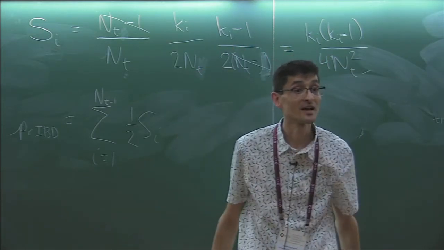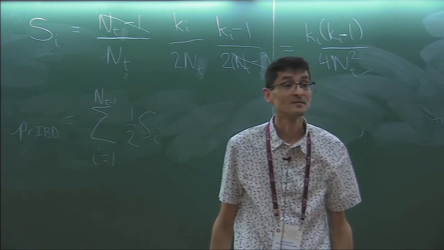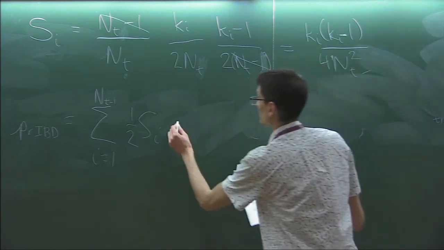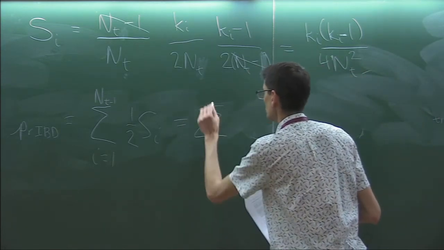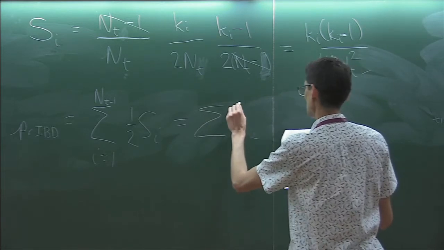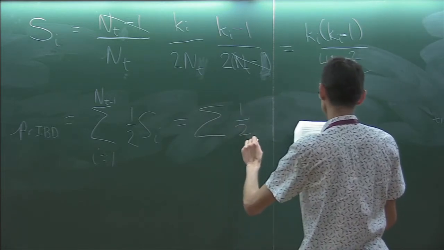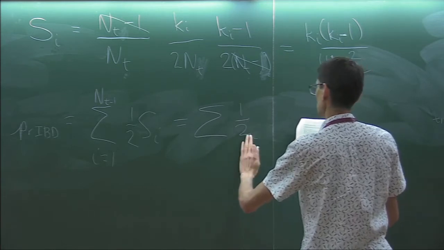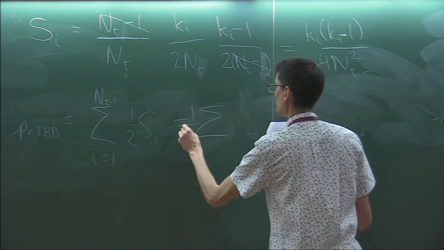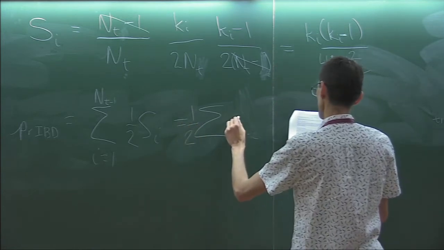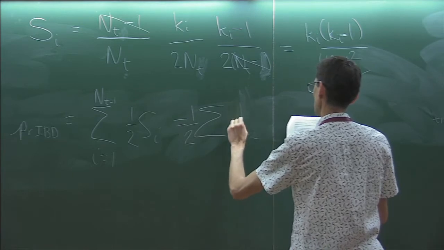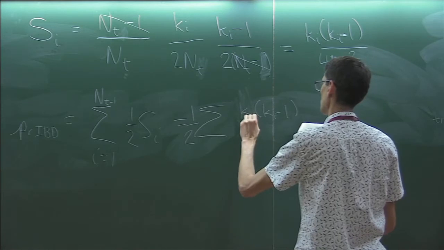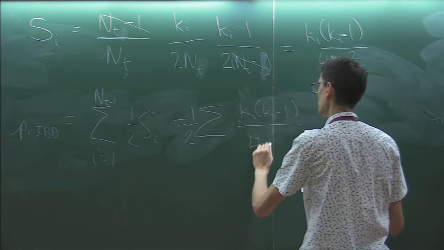So that gives us an extra factor of 1/2, right? So we have 1/2. I'm going to pull out the 1/2, ki minus 1 over 4n.